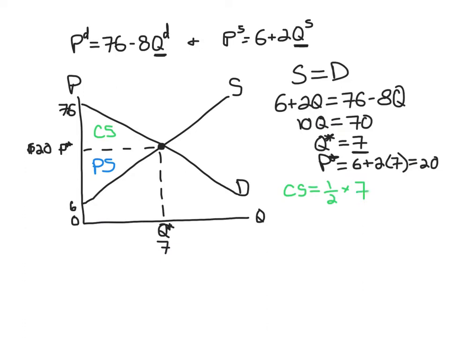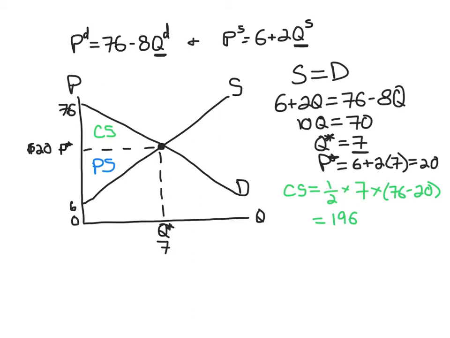So 7. And then times the height of the triangle. So the height is from 76 down to P star, which is 20. So 76 minus 20. If we work that all out, we get 196. All right, so the consumer surplus is equal to 196.